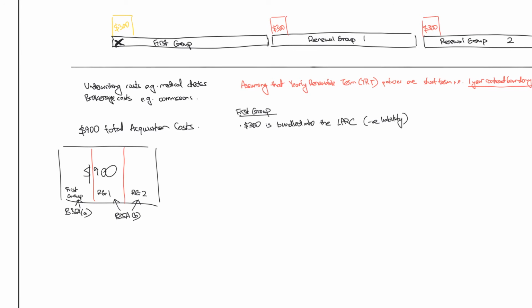But we have these two, right? We have this and we have that. So we have 600 of asset for insurance acquisition cash flows.